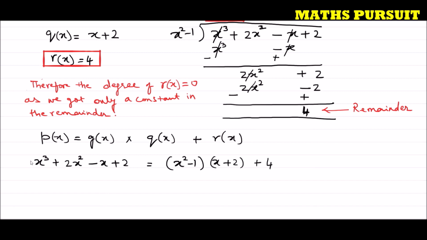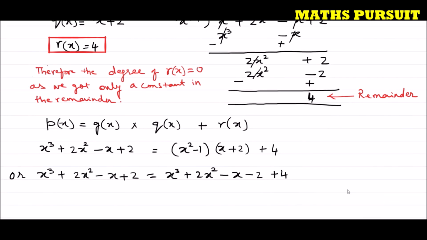Now let us solve this. I can write x to the power 3 plus 2x to the power 2 minus x plus 2 is equal to x to the power 2 into x is x to the power 3, x to the power 2 into 2 is 2x to the power 2, plus 2x to the power 2, then minus 1 into x is minus x, then minus 1 into 2 is minus 2, then we have plus 4.